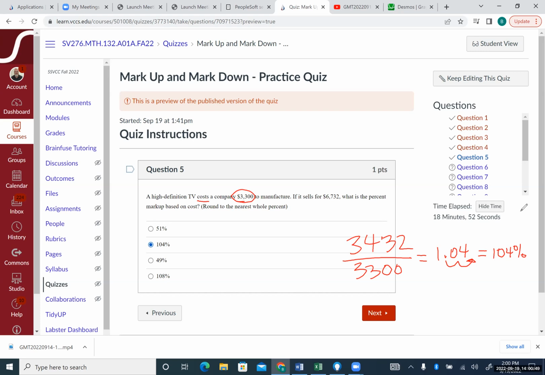It has a pretty large markup because it sits in the store for quite a while. The whole time it's sitting there, you're paying employees, the light bill, the rent. You have all kinds of expenses every day that thing sits there and you're not making any money. So when you do sell it, you have to sell it for a higher price.